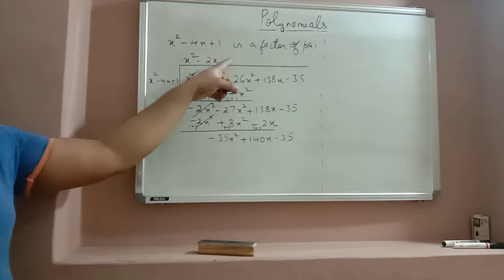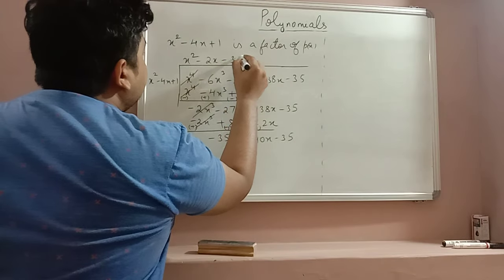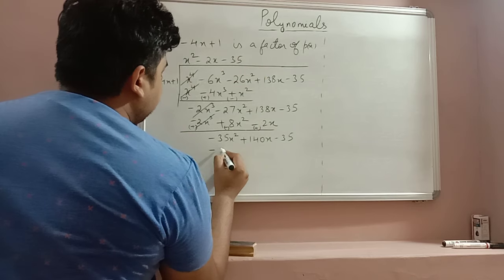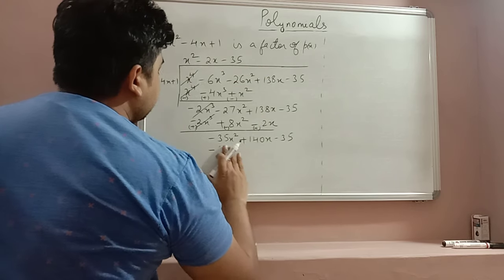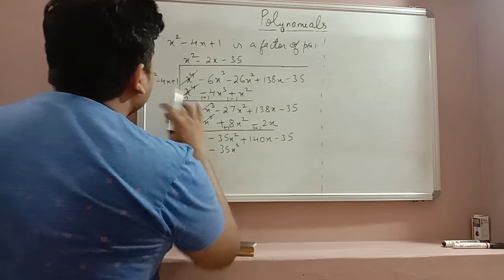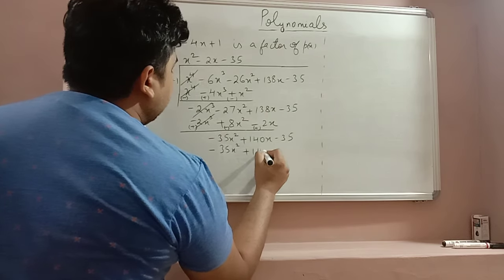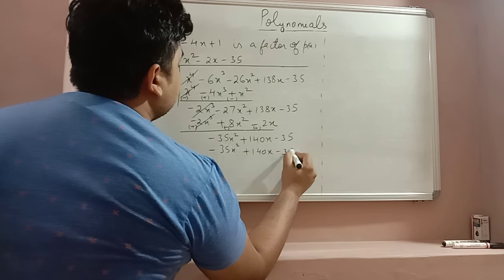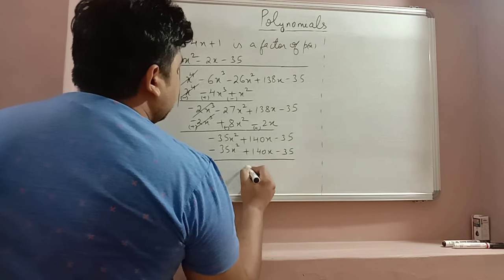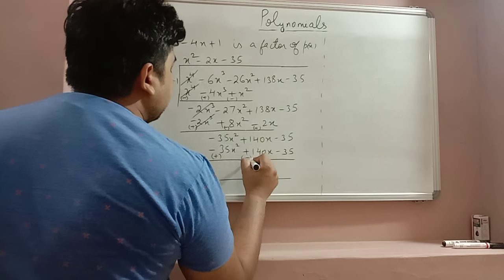Now I need just a minus 35 here. So minus 35 will do the purpose. It will be minus 35 x square plus 35 into 4, that is 140x, and minus 35. So the remainder would be 0, since all these terms will get cancelled out.